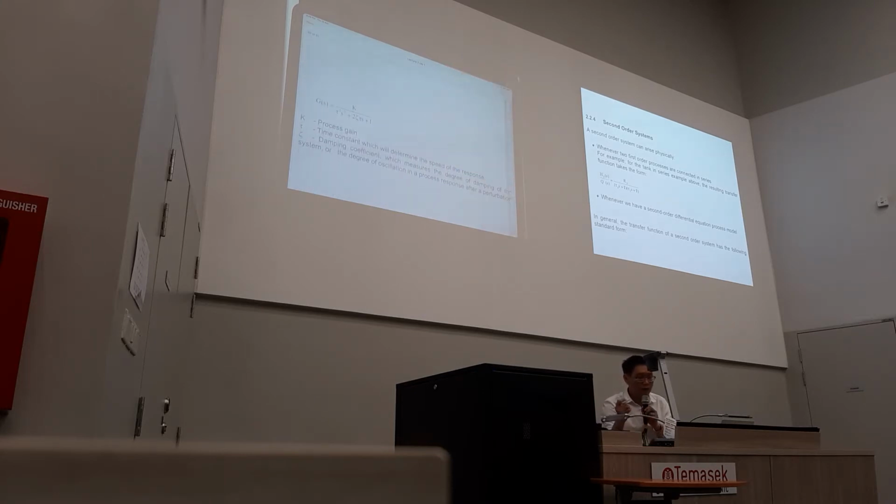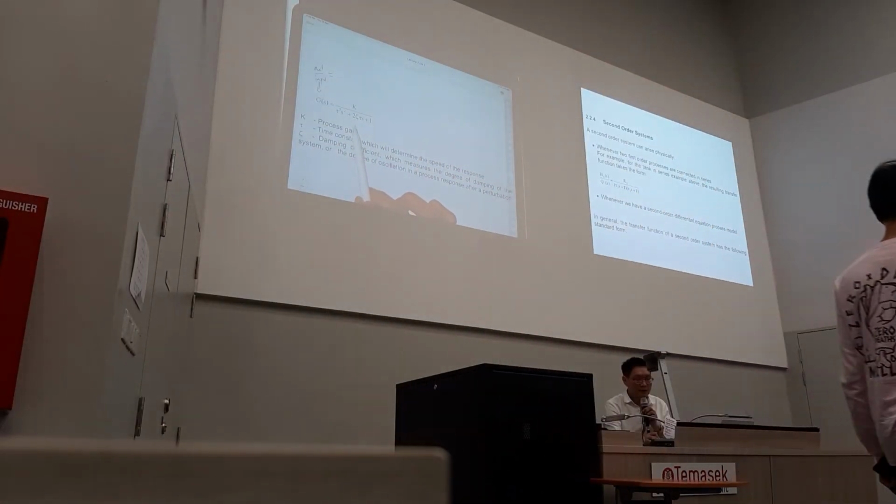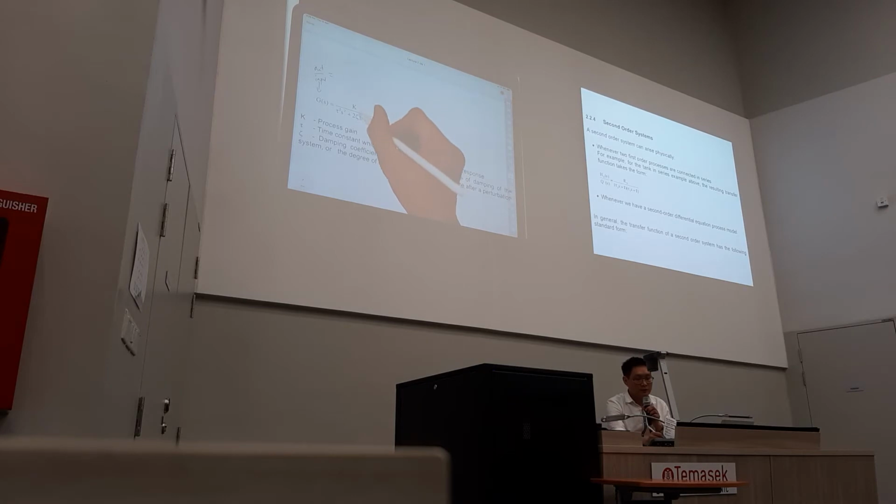Okay, so if you try to expand this transfer function itself, you will be able to get this. G is actually the transfer function, output divided by input. So this side is actually the output divided by the input, right? It is equal to K divided by tau squared s squared plus 2 zeta tau s plus 1. You can see over here we have a new unknown.